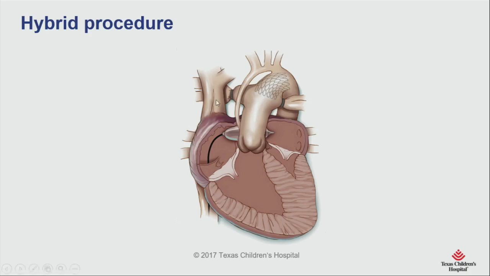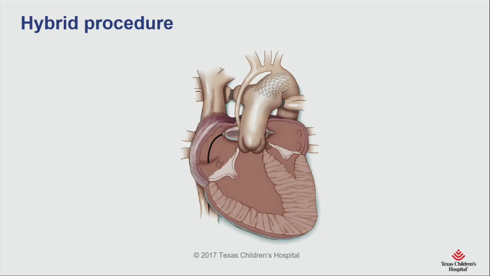You have placement of bilateral PA bands, which creates your stable source of pulmonary blood flow. And then balloon atrial septostomy, which is essentially the equivalent of an atrial septectomy, to allow unimpeded flow from the left atrium.